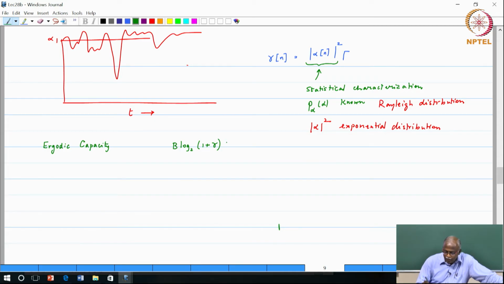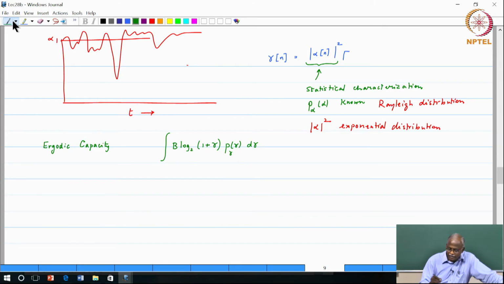So I would have to multiply this with the probability distribution, p gamma of gamma, and then integrate it over the entire range of the SNRs. SNR is a positive quantity, and the worst that you can get is from 0 to infinity.